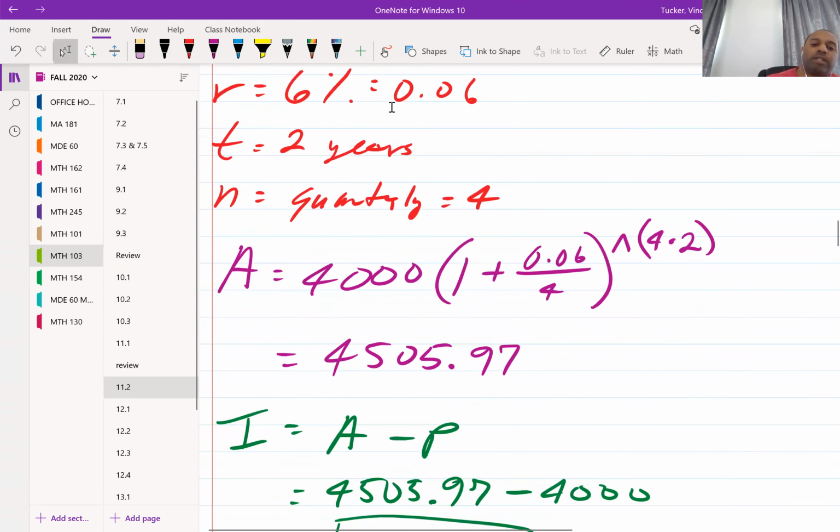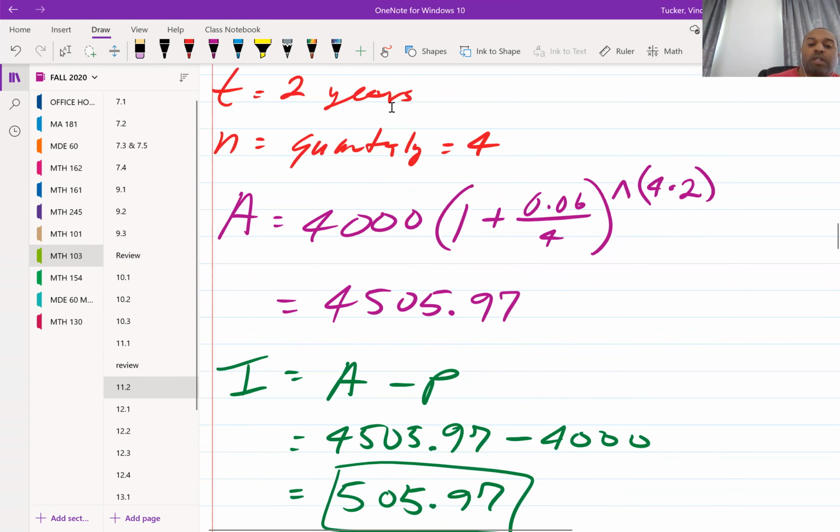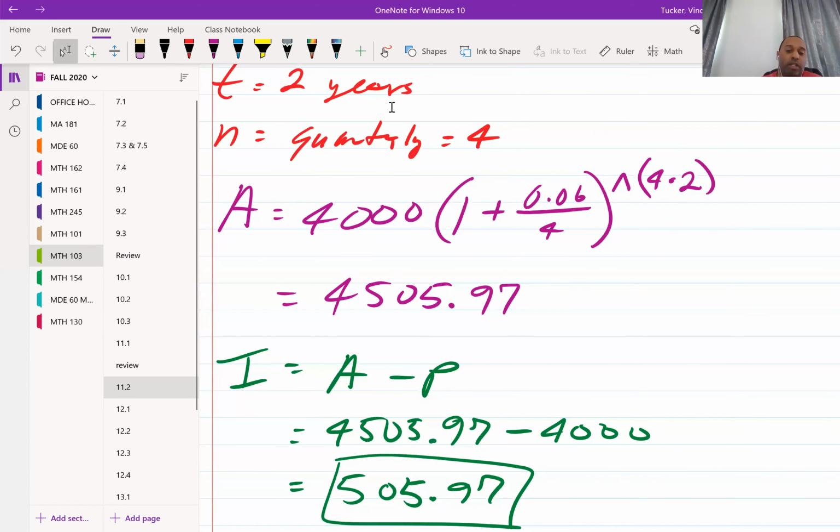And then we're leaning on that relationship of taking our future value minus our deposit, our initial principal. So subtract those two from each other. That'll give us $505.97.